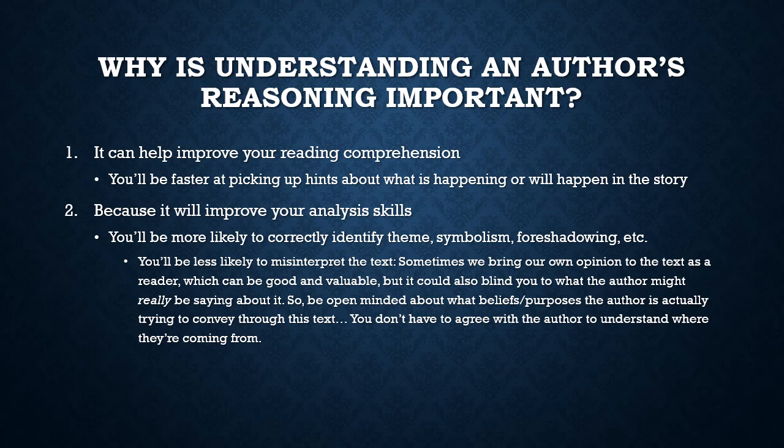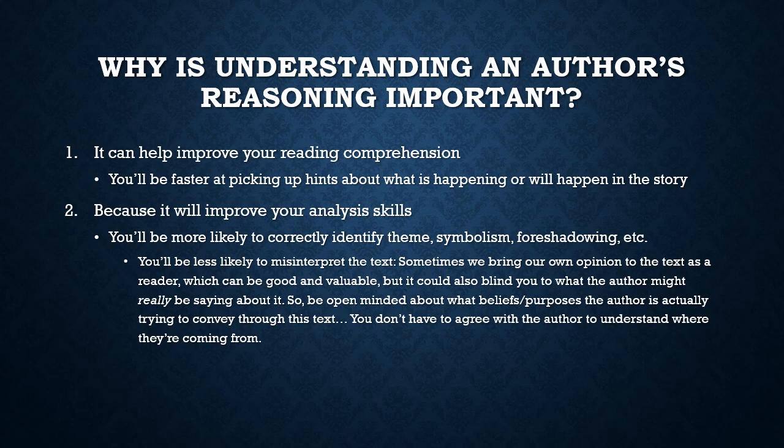So why is understanding an author's reasoning important? There are two main reasons. It can help you improve your reading comprehension, or basic understanding of the text. You might be faster at picking up on hints about what is happening or what will happen in the story if you try to figure out what the author's reasoning is at that particular time. And it can also certainly help you improve your analysis skills.